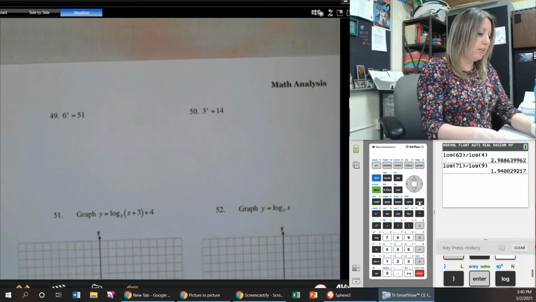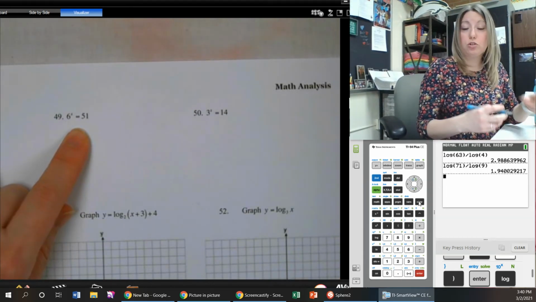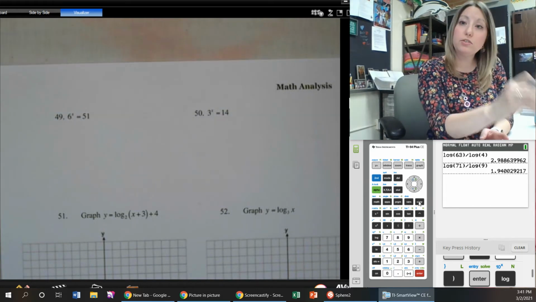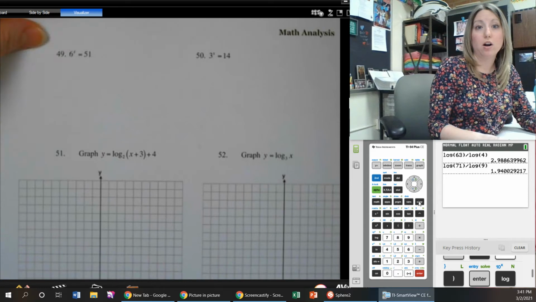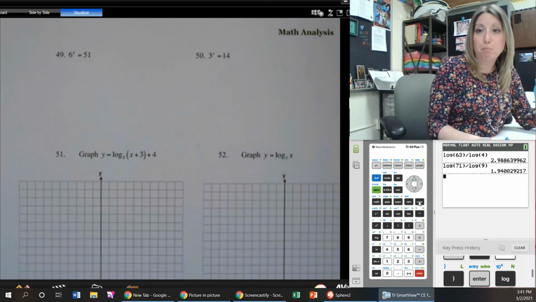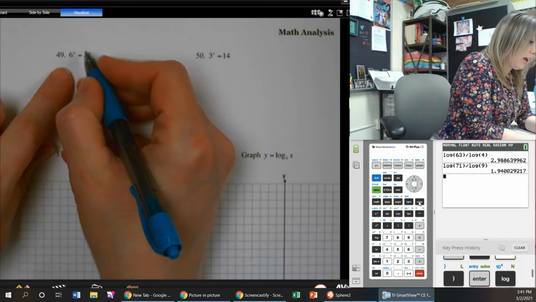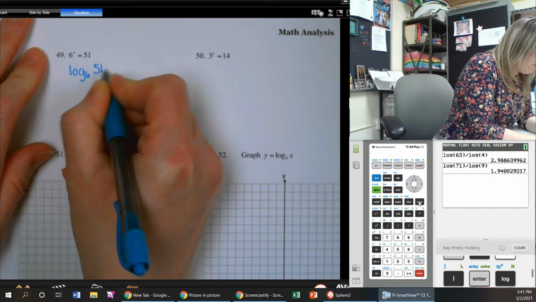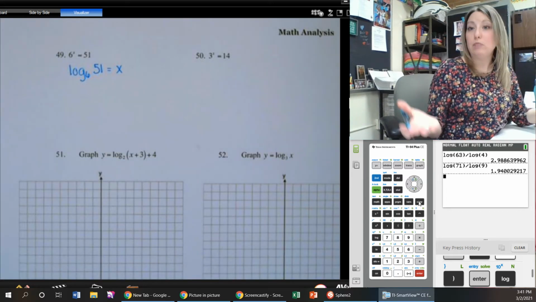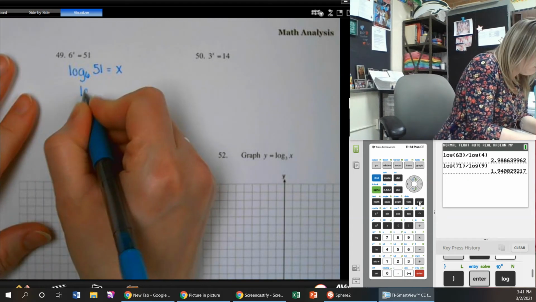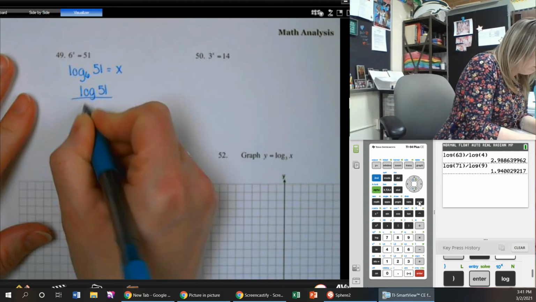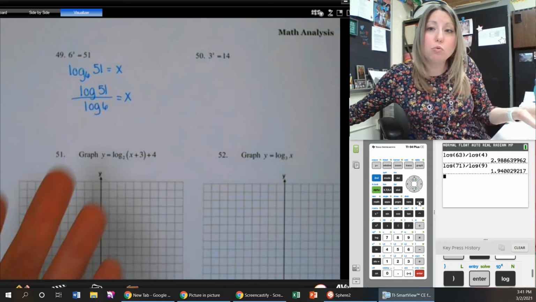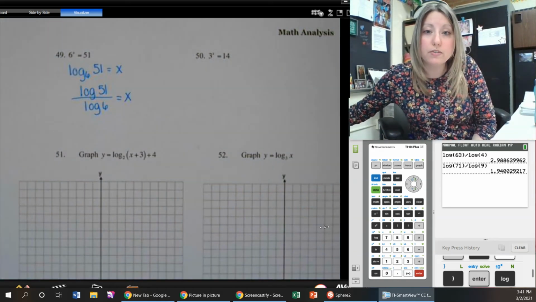Now, when you run into these, just use that by changing it into a log. So now these are exponential equations where you're not going to be able to get the same base. So just say, this is the opposite of what I was just doing. Put it into logarithm form. Now use the change of base formula. And any of these that you run into is round to the nearest thousandth.